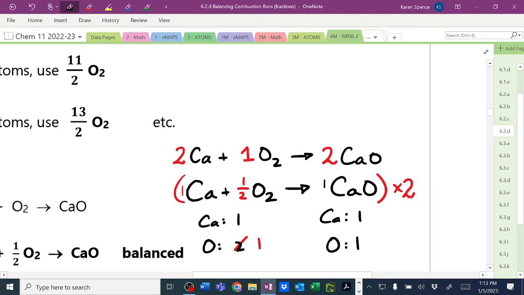Like I said, you probably would not need to do that. You could just guess and check for that one, okay? But I wanted you to see how it worked in a really easy example.